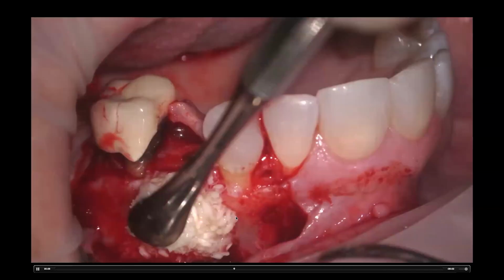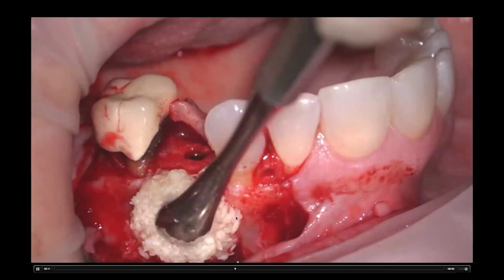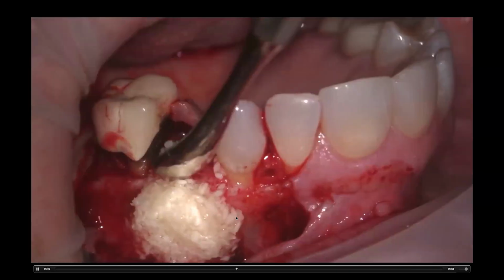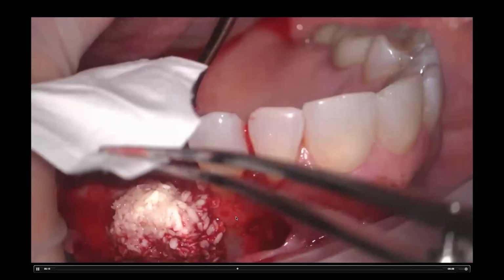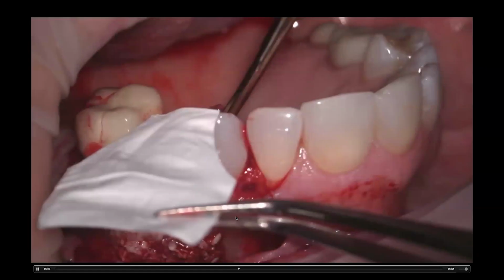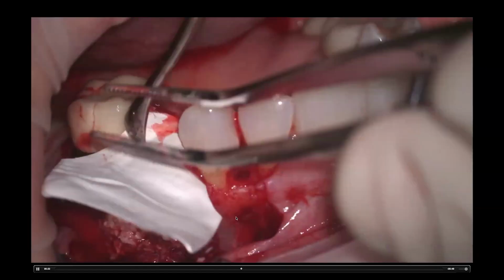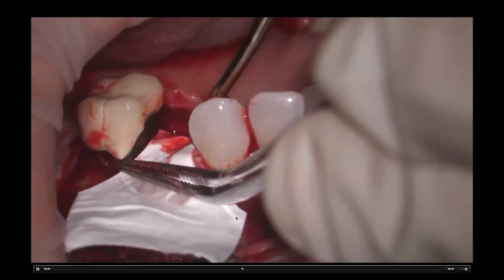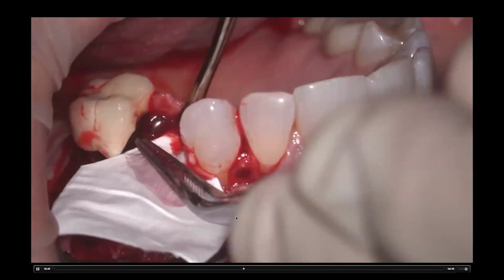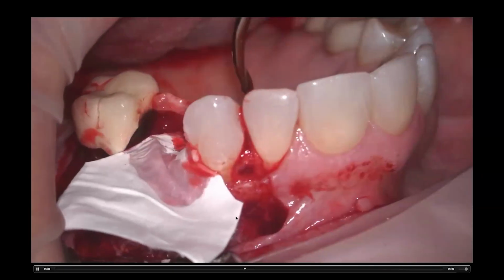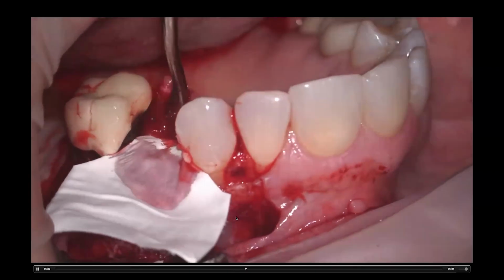We place a cancellous bone graft from BioHorizons, and also place a membrane. So we pre-trim the membrane.